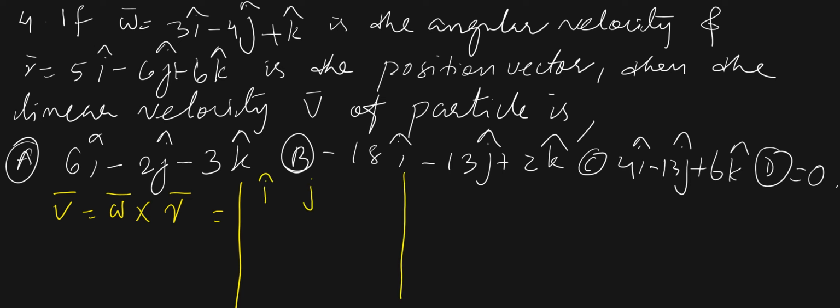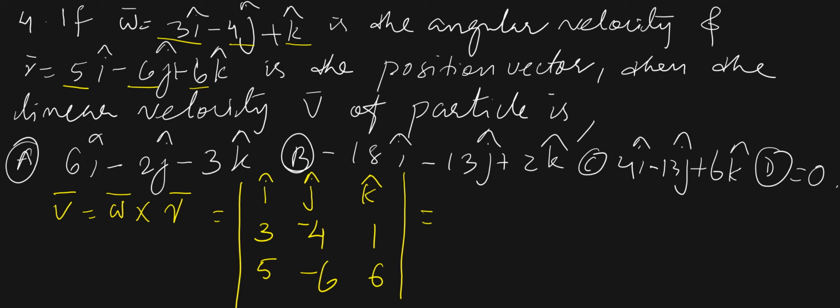That is, we can write i j k and omega is 3i minus 4j plus k. So the values are 3, minus 4, 1. For r it is 5, minus 6 and 6. Now let us find out the determinant value.